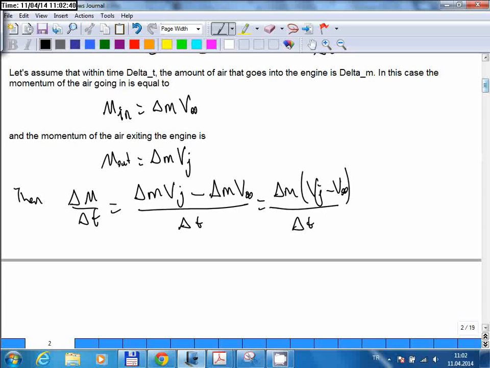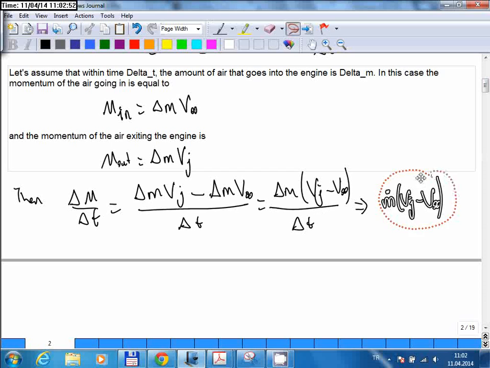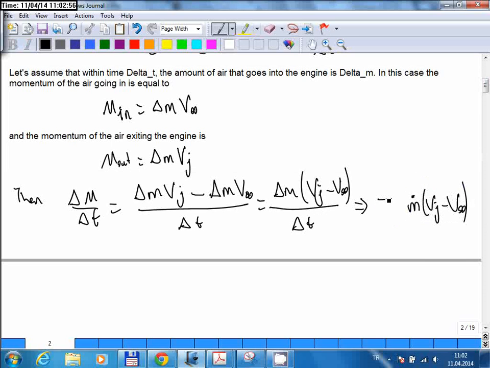And if you take the limit, you can write this as m dot times vj minus v infinity. Okay? And this is actually the thrust force. Okay, so it's just the application of Newton's second law of motion.